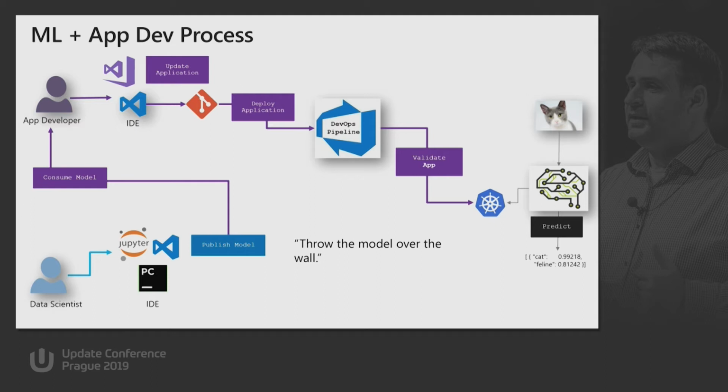So once they have a trained model, in most cases today, they throw it over the wall, and then app devs need to embed that model into the classical DevOps cycles. It's easy to understand why this approach, in most cases, if not all, is a good recipe for failure. This is not what you would like to see in your machine learning project.